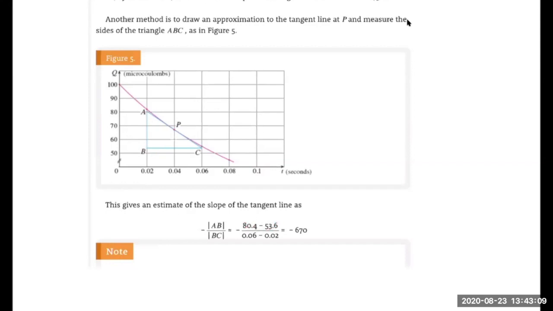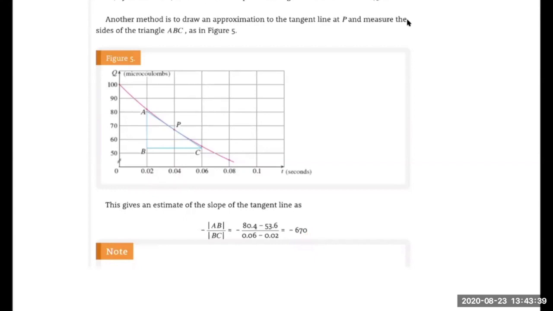And then the X coordinate for C would be 0.06, and for B it is 0.02. So you subtract them, and this is going to be about negative 670. So by using this method, we estimate the slope of the tangent line passing through this point when t equals 0.04 is about negative 670.